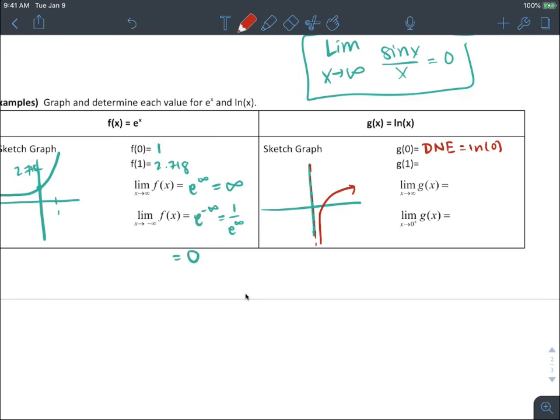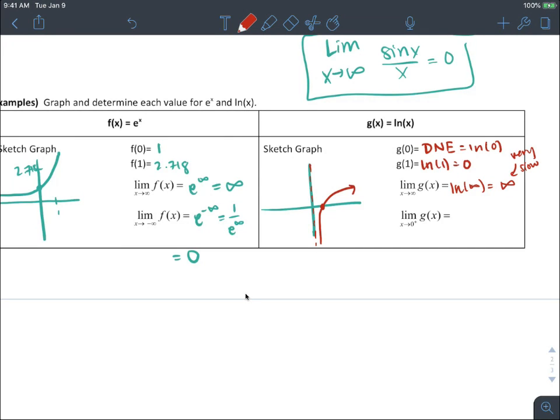Ln of 1 would be 0, and as x goes to infinity, that would be like ln of infinity. The graph is going to go slowly towards infinity. Yeah, very slow.